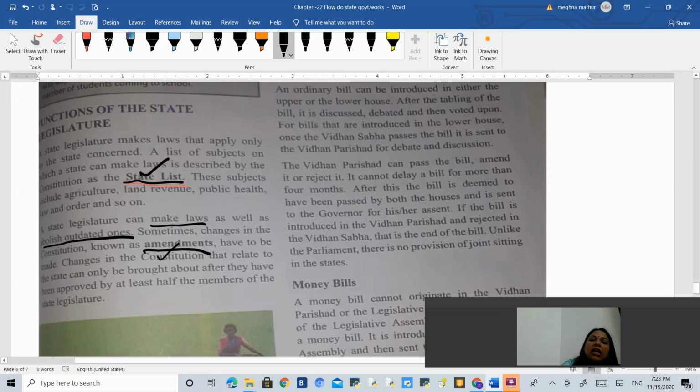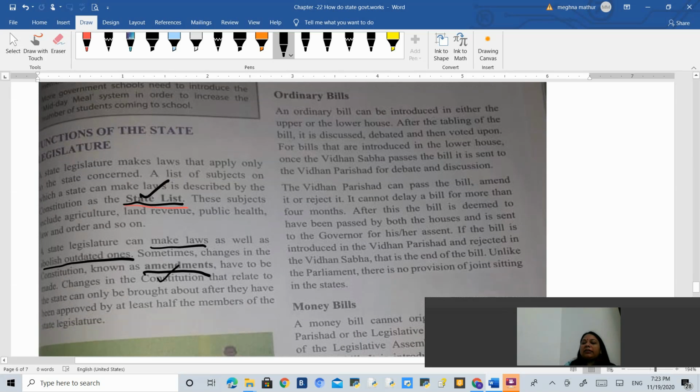Now, how are ordinary bills discussed? An ordinary bill can arise in either house. It can first arise in Vidhan Sabha, and it can also arise in Vidhan Parishad. If it arises in Vidhan Sabha and then goes for discussion to Vidhan Parishad, both houses can delay it, or cancel it, or make any kind of changes to that ordinary bill.